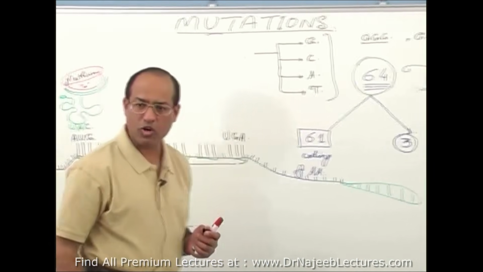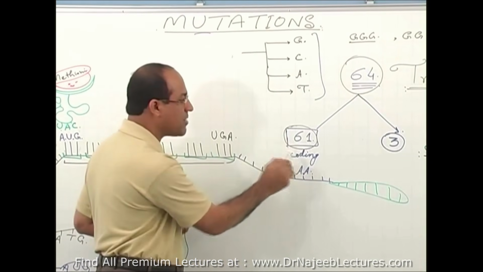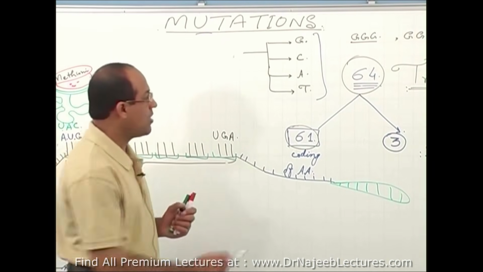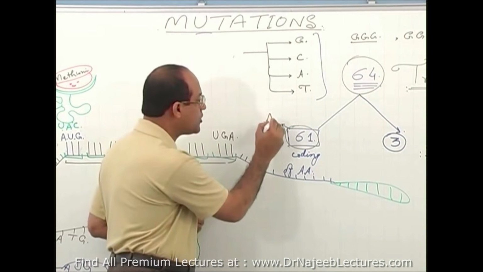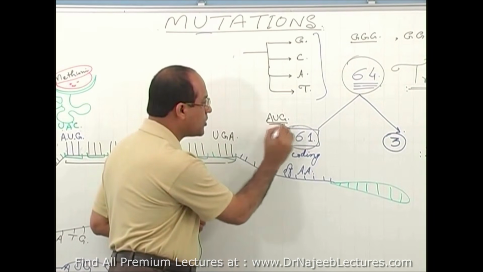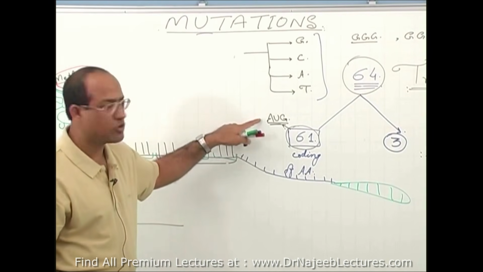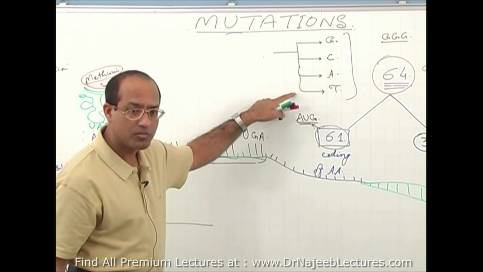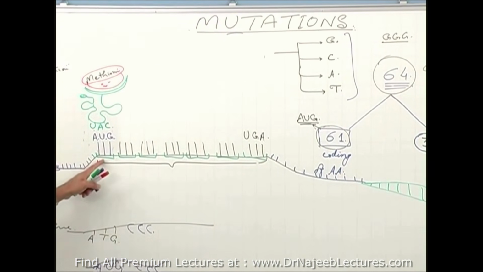These are stop codons. Then out of these 61, all of them are coding for amino acids, but one of them was a start codon, that was AUG, which basically is a signal to place such transfer RNA which will carry methionine, in the beginning of the peptide chain formation.